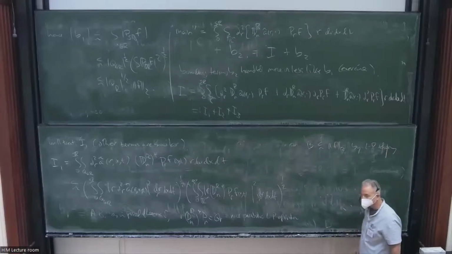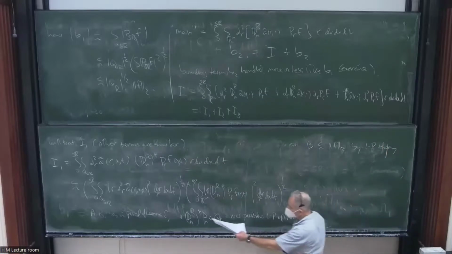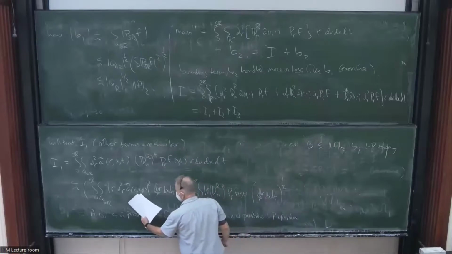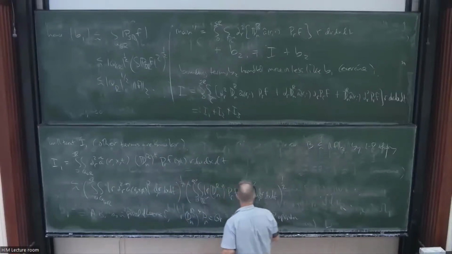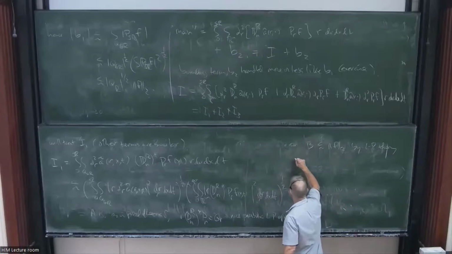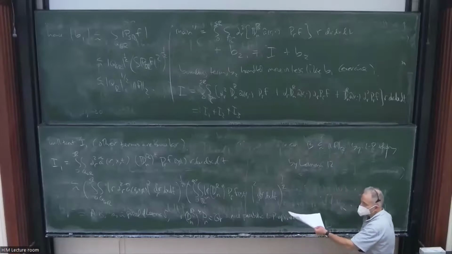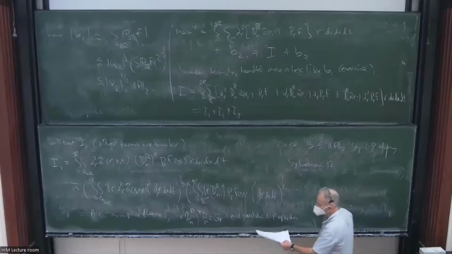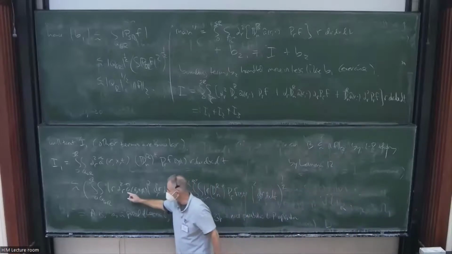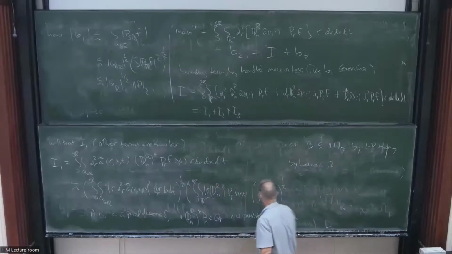All right. And what about this guy? Well, this guy, we just use lemma 12, which was the Carleson measure estimates, local square function estimates for the derivatives of A tilde.